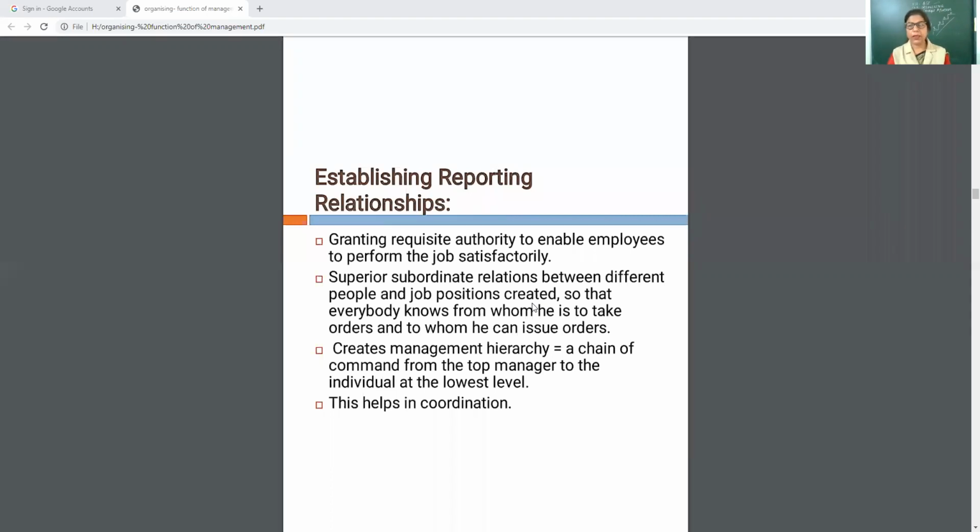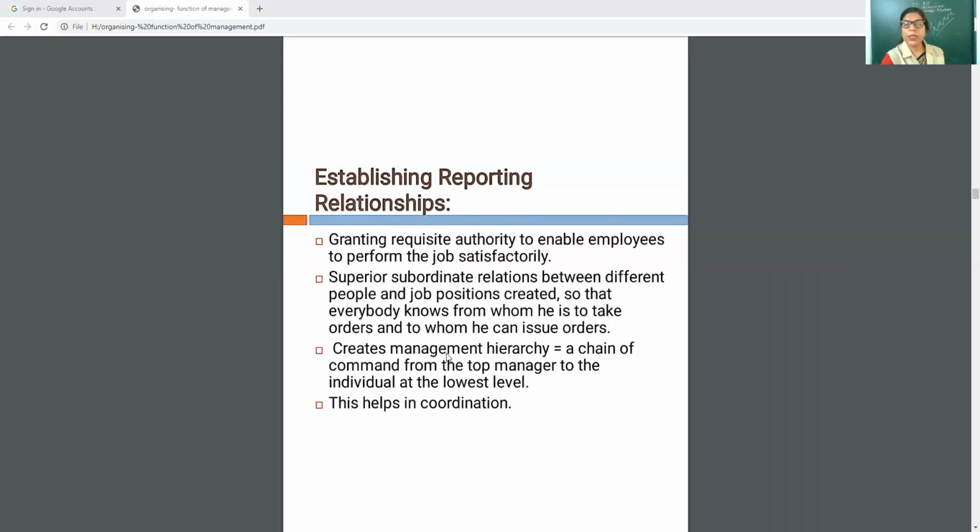You can see this example in the school clearly. We receive orders from our superior, a coordinator, vice principal, or principal, and we know to whom we can issue orders.